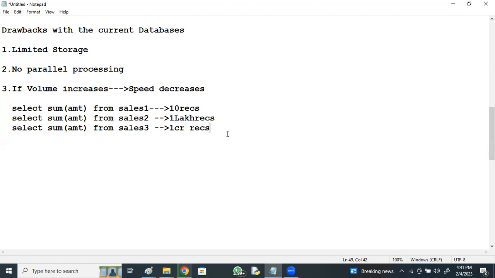Which query is going to execute faster among these 3? Total amount of 10 records, of course.